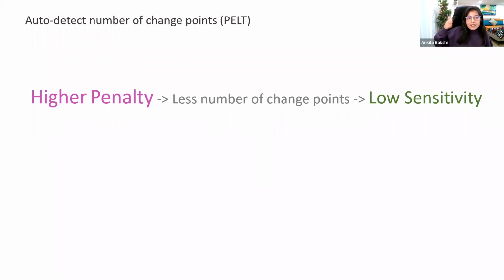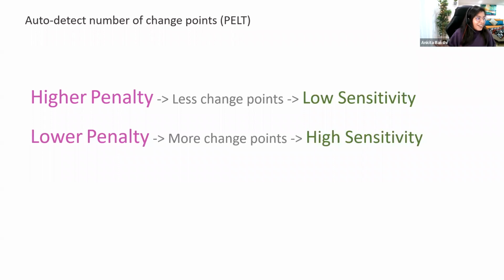You'll find some places that could have been a change point, but since the penalty to add a change point was high, the tool didn't detect them. So the sensitivity is low. On the other hand, if you have a lower penalty, the sensitivity is high. If the cost of adding another change point is low, then more change points will be detected.